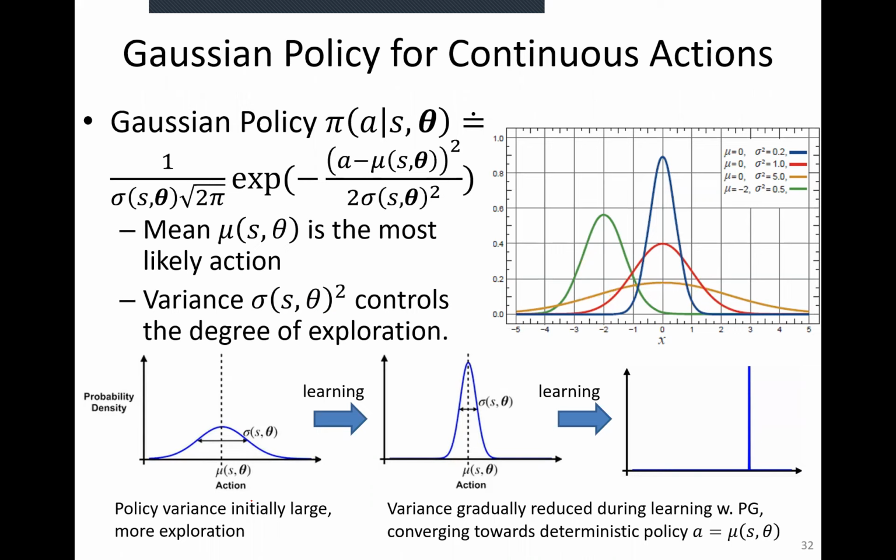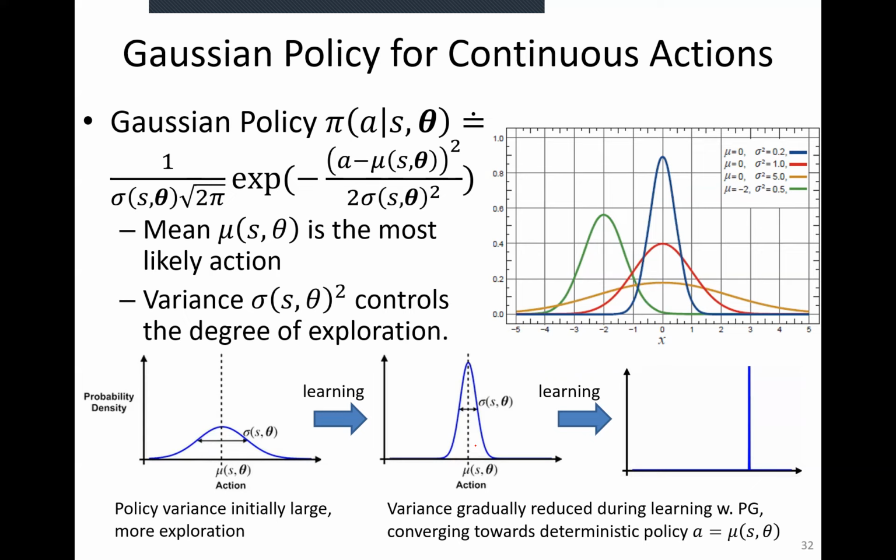Initially, you start from a pretty flat Gaussian with a pretty random policy to encourage exploration. Then as you learn the policy parameters, gradually the Gaussian becomes narrower and variance is reduced during learning with policy gradient.